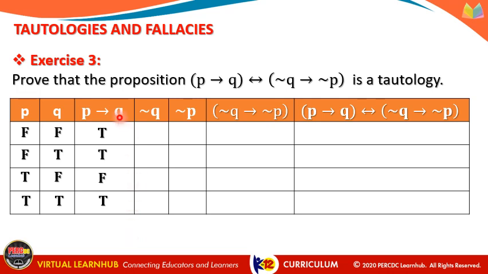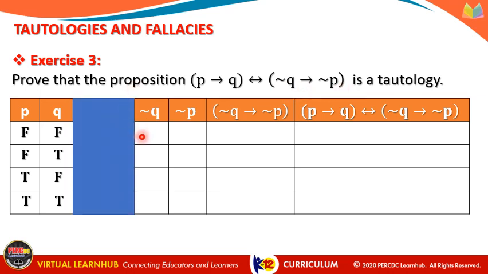We have now obtained the truth values of the left side proposition. Let's now go to the right side proposition. Let's just cover this part. Now let us take the negation of Q. False will become true. True will become false. False will become true.